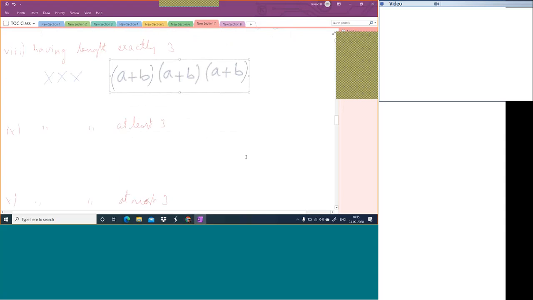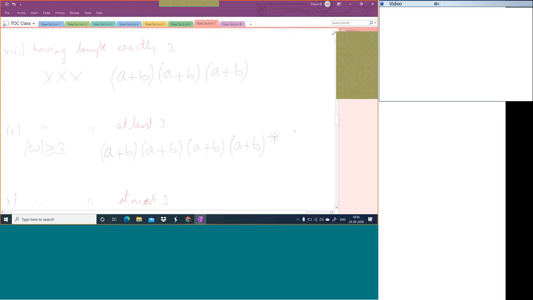Next, at least 3. What is the meaning of length at least 3? Length minimum 3, can be more than that. So 3 or more. So guys, this is length 1. This is for length 2. This is for length 3. So 3 is guaranteed. If you want more, yes, from this we can take.